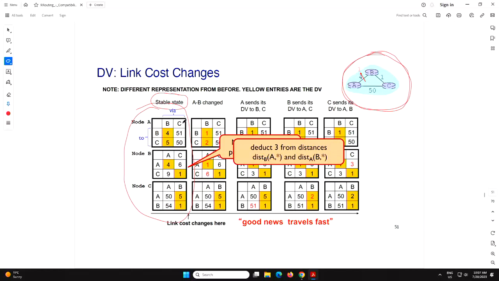I mean, this information is not useful, which is not highlighted here. So the other one is saying, yeah, I could also go via C, right? But then you have to pay 50 plus 1, so it would cost 51. And I can go to C, if I go directly it's 50, so I would rather go via B, right? So it would be 4 plus 1 is 5, right?